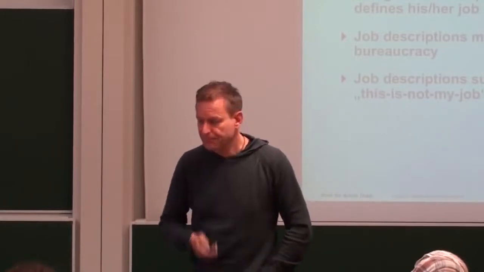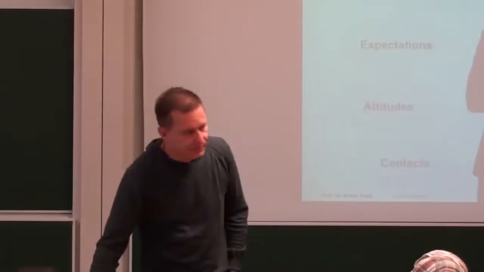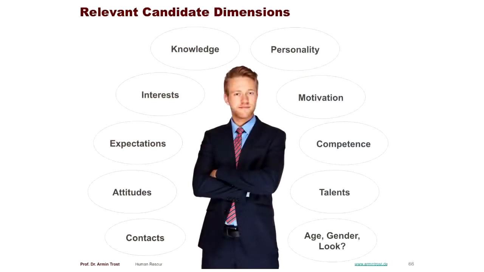Candidate selection. Here is a candidate. And what I want you to understand is that a candidate or an applicant is something quite complicated. There are many different dimensions. A candidate has certain knowledge, right? A candidate has certain personality, interests, motivation, competencies, talents, expectations towards the job, towards his life, towards the colleagues.